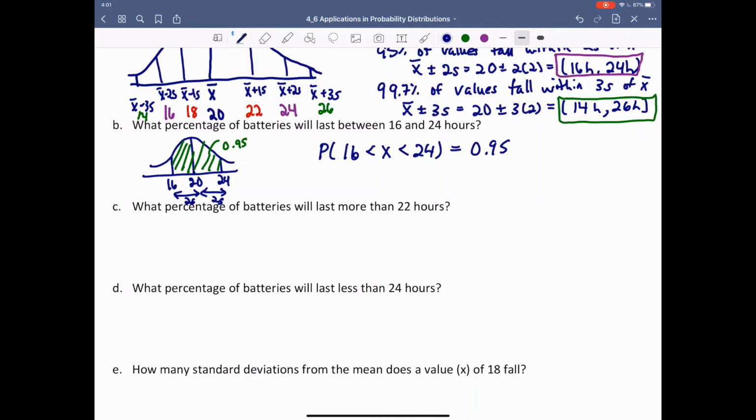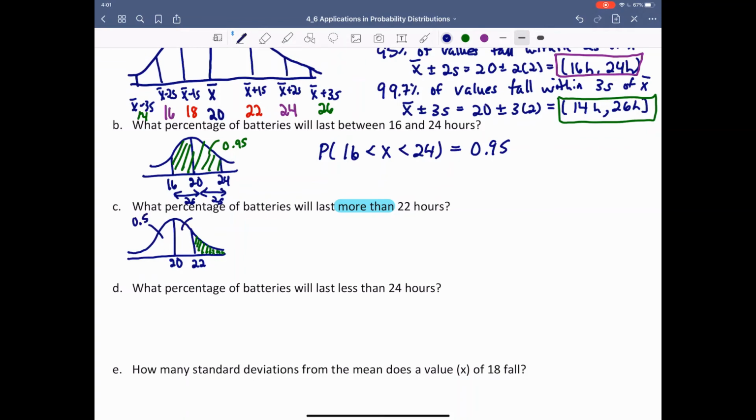Okay, for part C, what percentage of batteries will last more than 22 hours? So there's a key part of the question there, and it's more than. So we have 22 hours, and we want the area to the right of it. We know that everything to the left of the mean is 0.5.